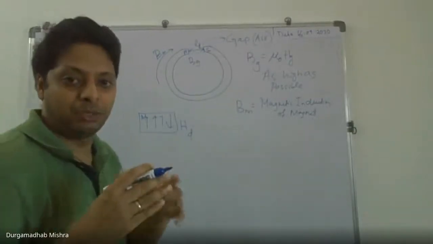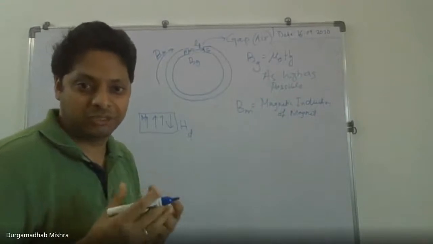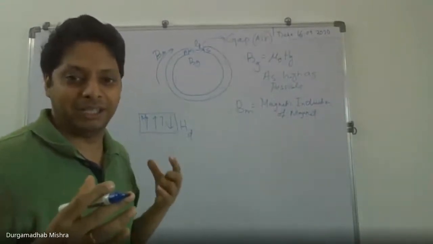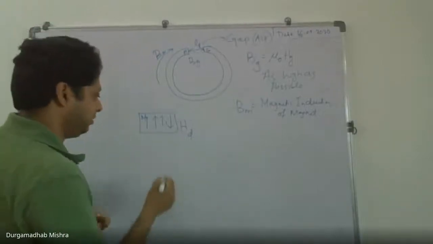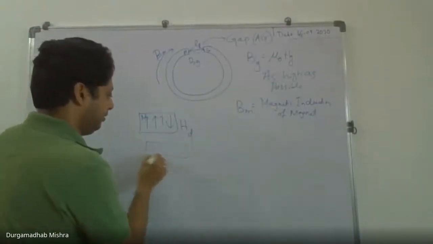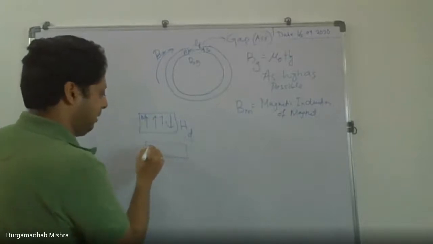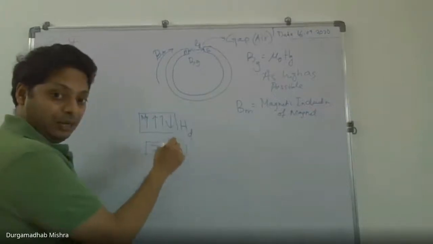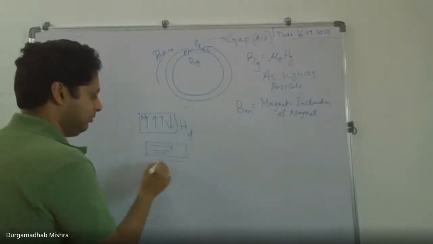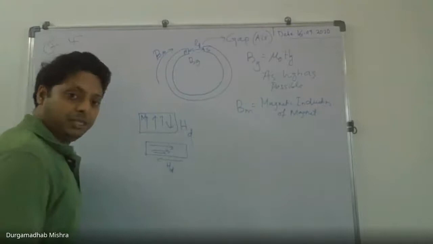And you always choose the geometry of the sample in such a way that the demagnetization field is minimized. In this case, the magnetization would prefer to lie along this axis rather than along this axis, so the field HD will be small.